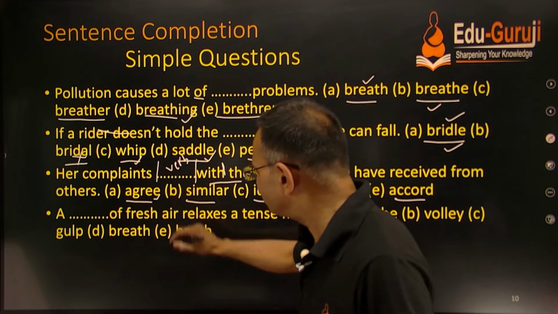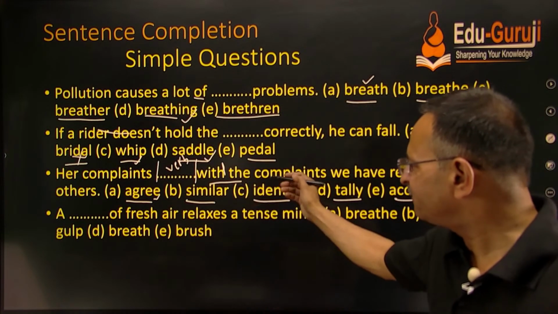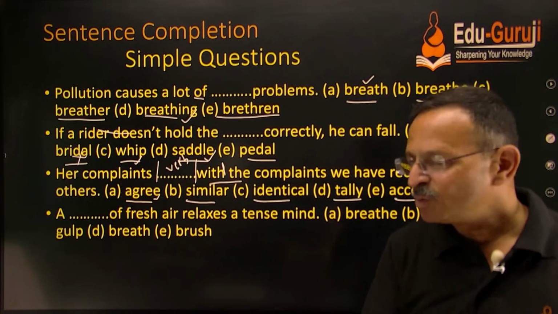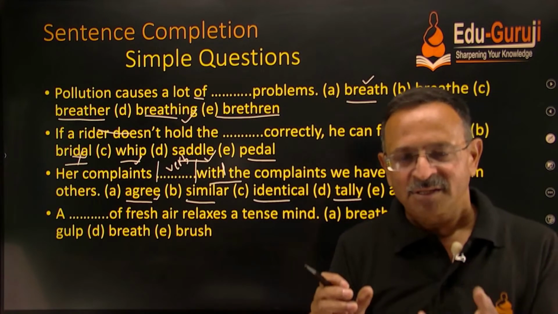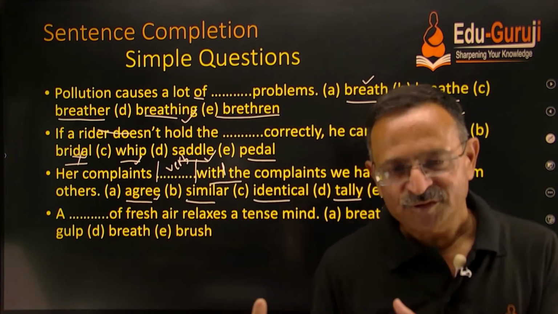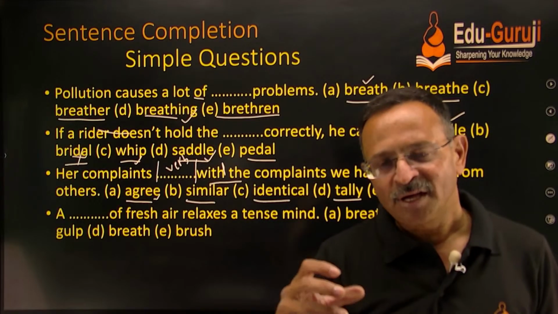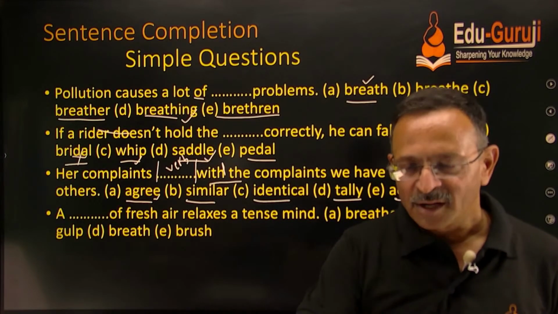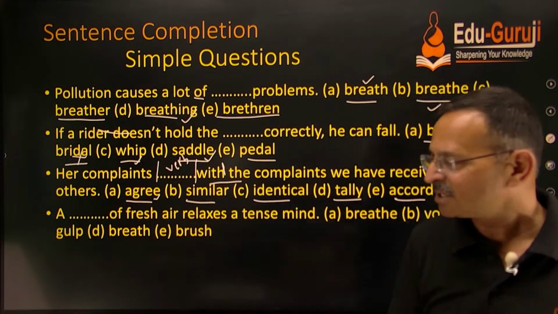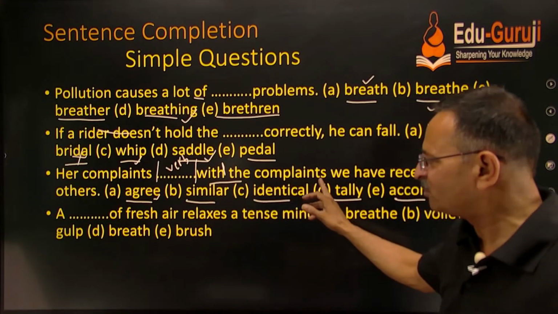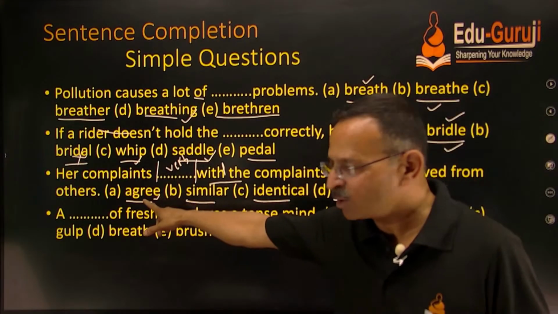If we say agree with, we use it when we agree with some person. So agree always comes with a person. Obviously we are talking about complaints, so agree cannot come here.